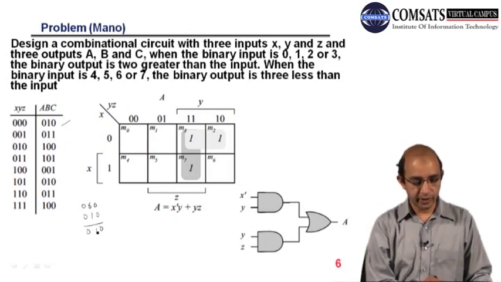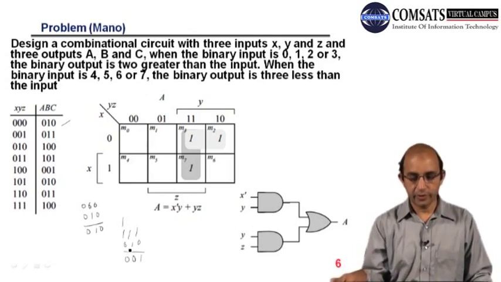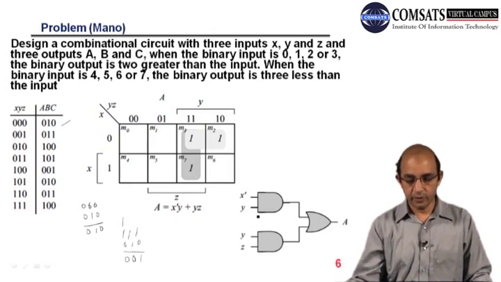If I take the final value, I have to add 1, 0, 1 carry, 0, because the input is 0, 1, 2 or 3.